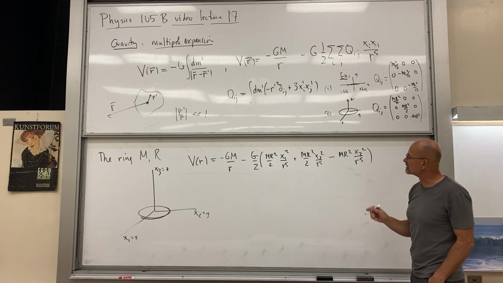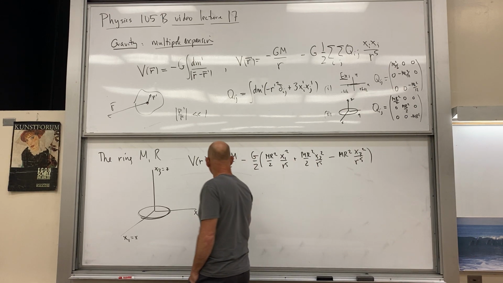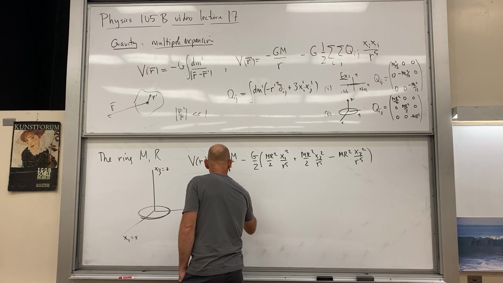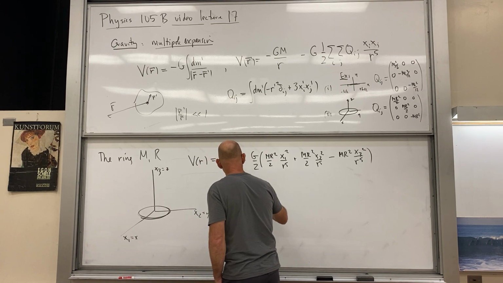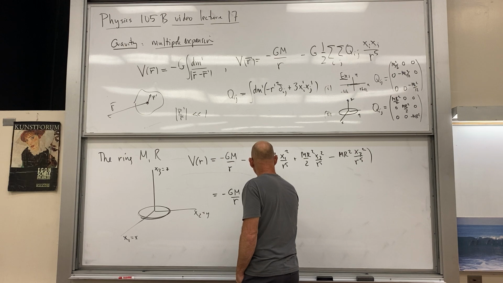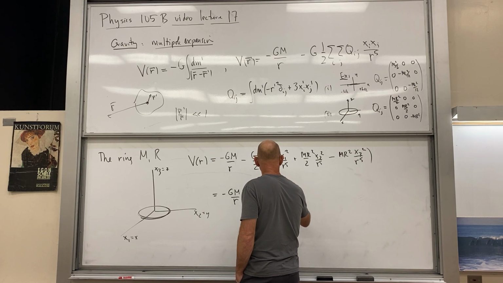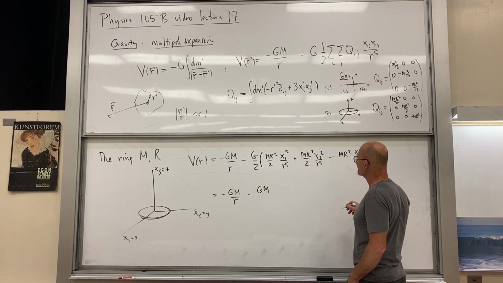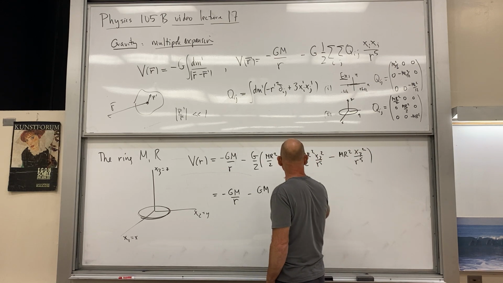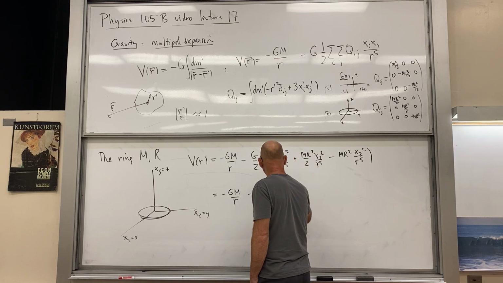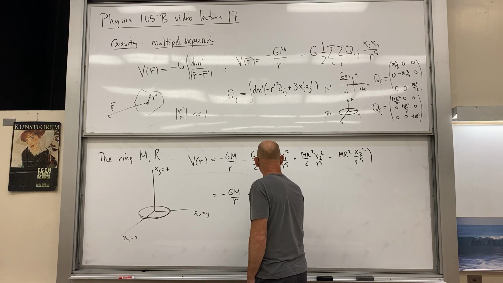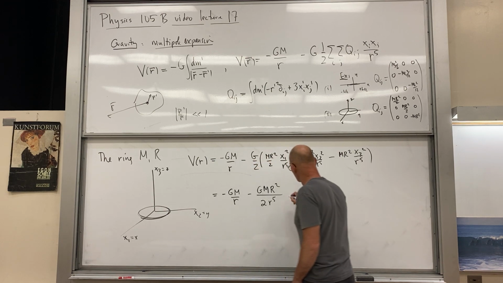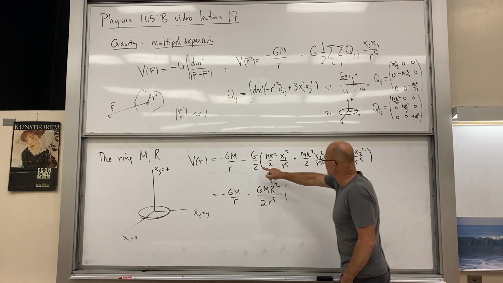We want to put this in a certain standard form, so we'll go ahead and pull out this GM over R minus GM. I can pull out a lot, so GM R squared over 2 R to the 5th for starters. Actually, let's make it over 4R to the 5th.